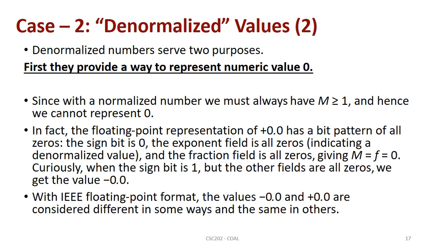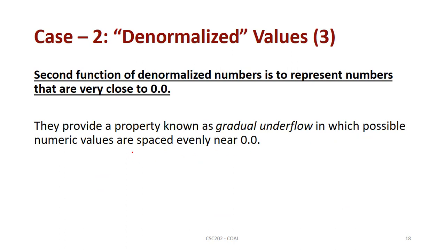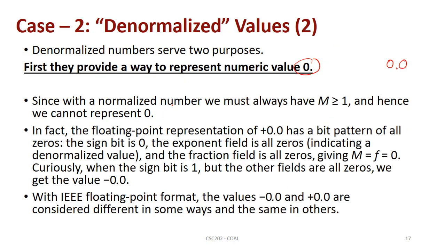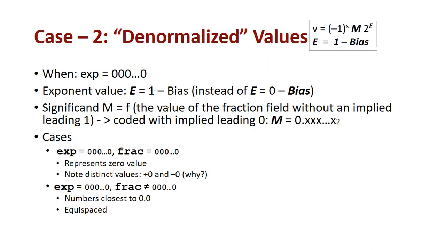One, it is a way to represent 0, actual 0, meaning 0.0. The second function of the denormalized representation is to represent numbers that are very close to 0 but not actually 0. Let's see what the difference is.